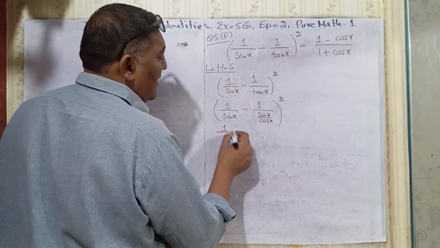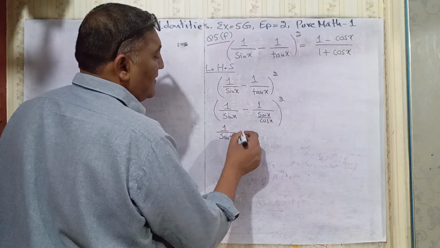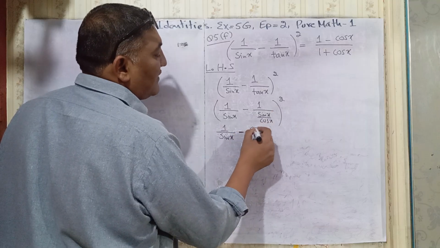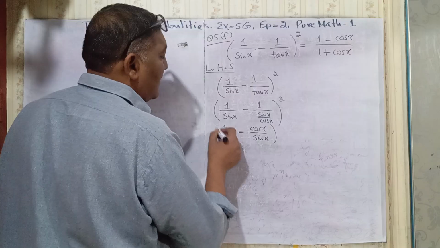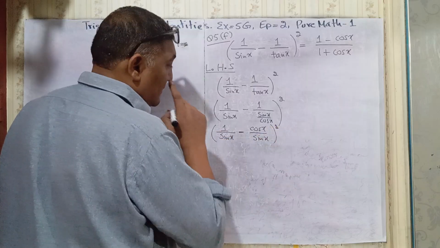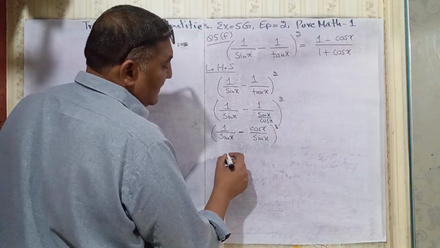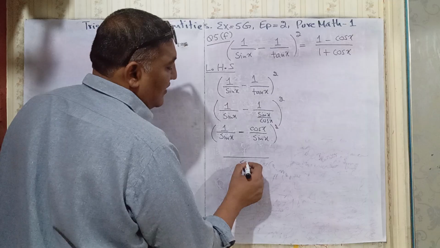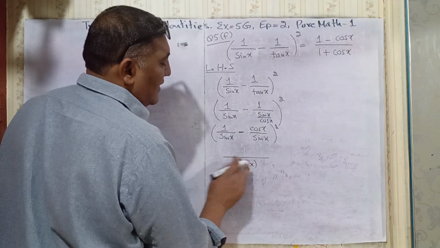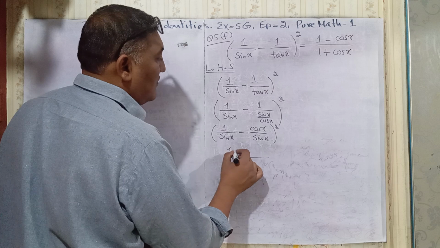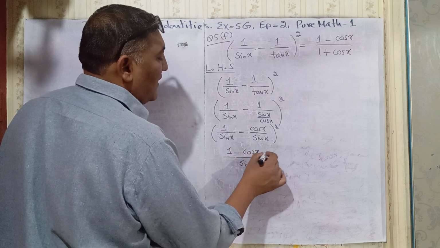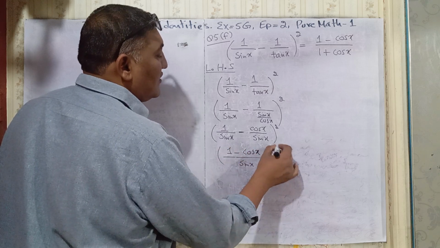So this will become 1 by sin x minus, when it goes upstairs, cos x divided by sin x, and then you have the whole square. And when you take the LCM, it will be sin x, and then you have 1 minus cos x, and then the whole square on it.